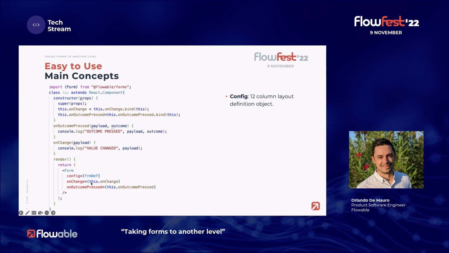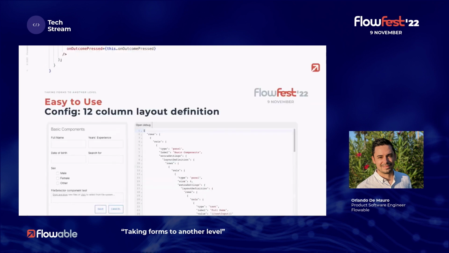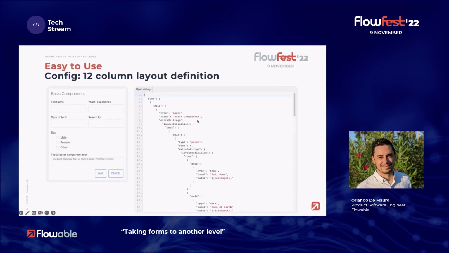And also we can pass another callback that is the outcome preset. What is an outcome? The outcomes in forms are basically the main actions that we have on our forms, like it can be the save or the delete button. So here you can see an example of the configuration object.